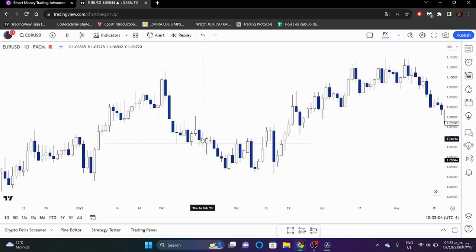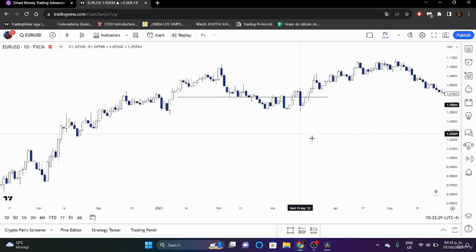Right here, we break it, we switch structure to bullish. With this, the algorithm is also going to sense it as bullishness. What happens? Manipulation. This was the bank crisis. March 15, 2023, Credit Suisse went bankrupt. Then we manipulate the price, we take all these stop losses, and we continue higher.